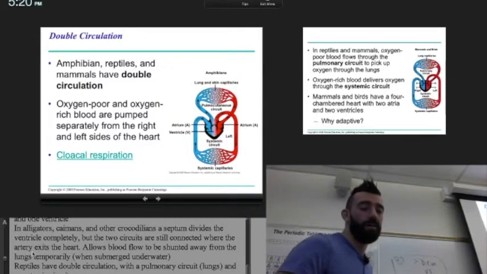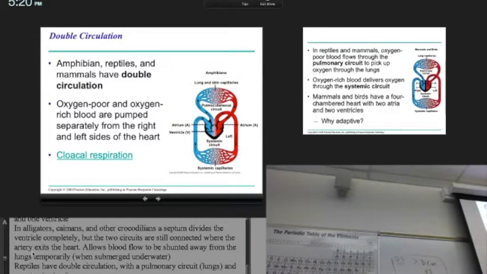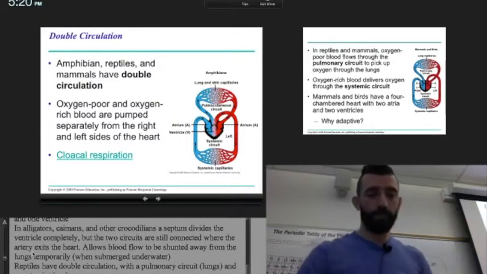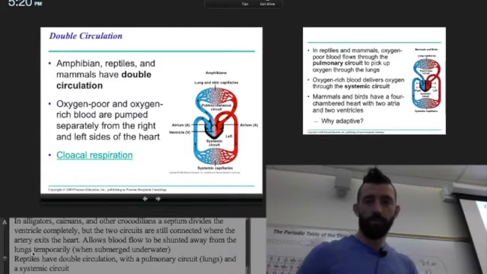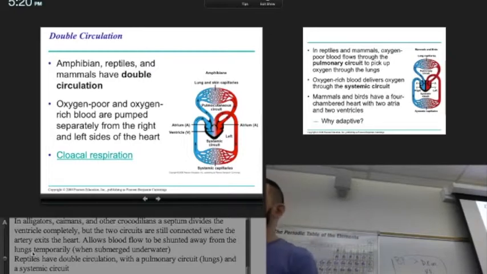And again, this is because some reptiles, like crocodilians, can shut off gas exchange in their lungs and remain submerged for a while. To make things even weirder, you have some reptiles that breathe through their butts. This one does.